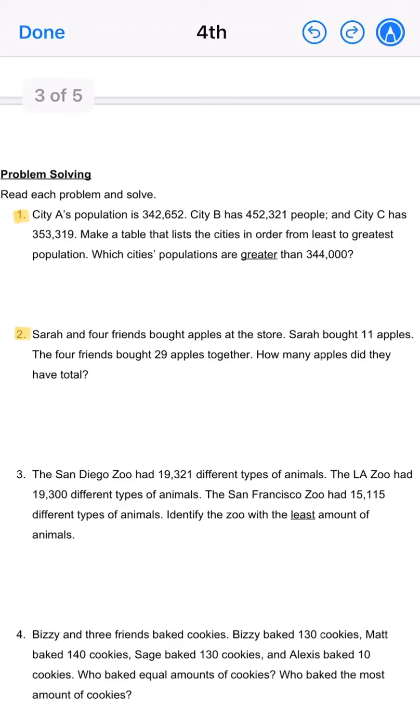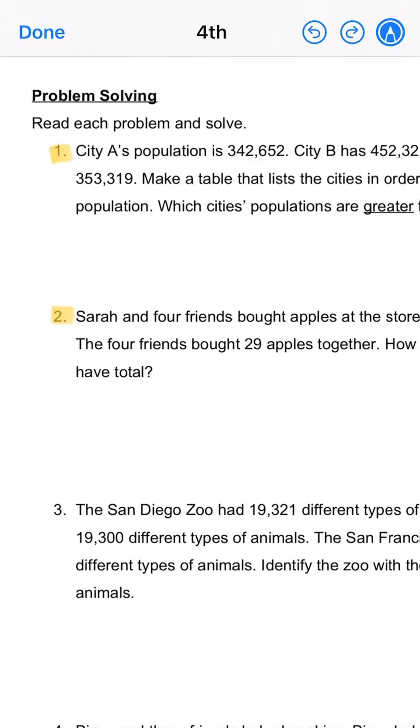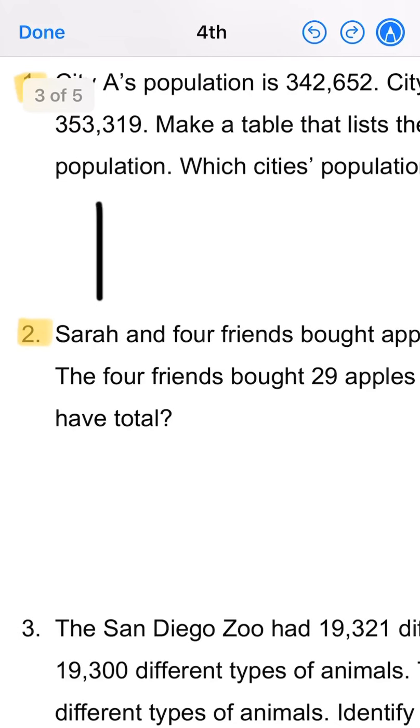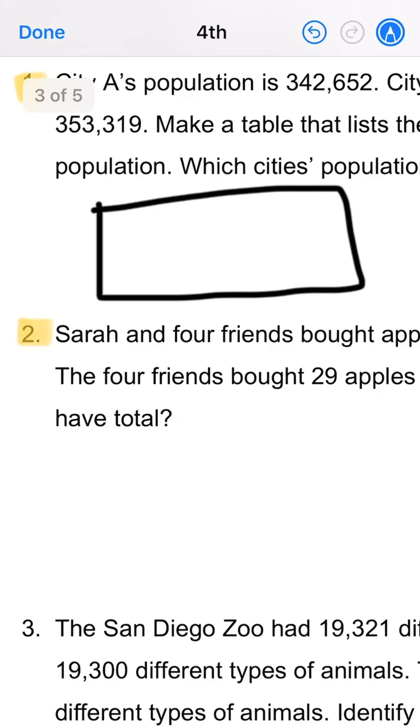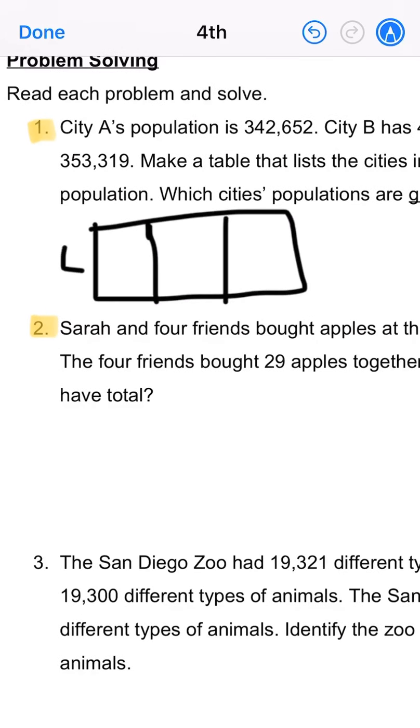First, we're going to make a table that lists from least to greatest. So the least number is going to go here, and the greatest number is going to go here.